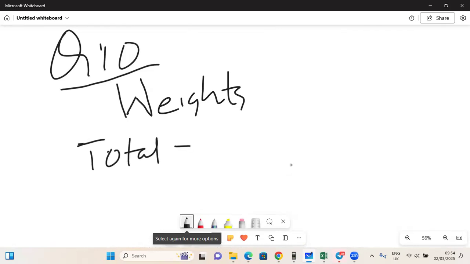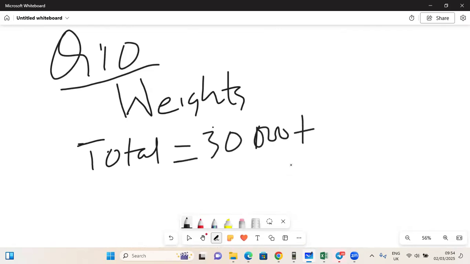The total is going to be 30,000 plus 60,000, which is 90,000.